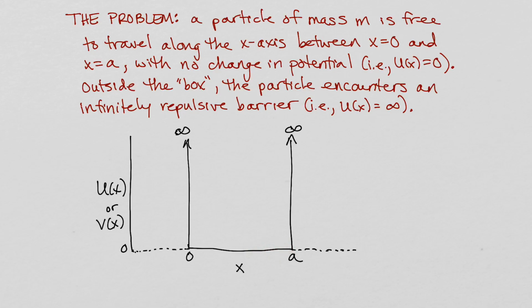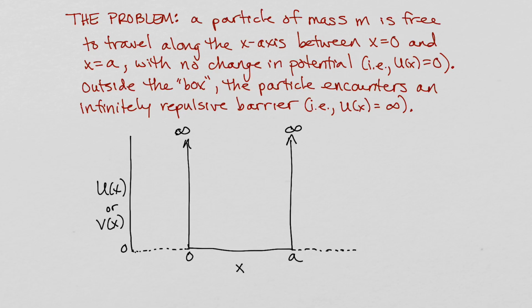All right, so when the particle is inside this box, we will assume that the particle does not experience any change in potential. Okay, so that means that we'll say our potential energy inside the box is 0. Okay, so our u of x is 0 for inside the box. So our particle experiences no change in potential.